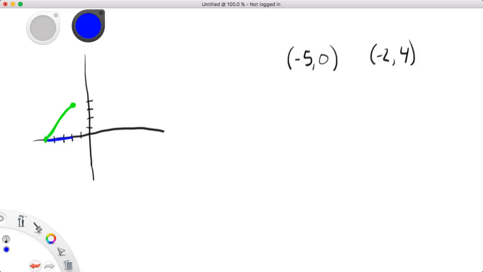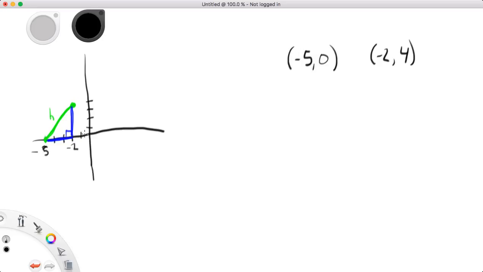However, what we can do is make this into a right triangle. We can count the units going left to right, and then the units going up and down, and say that we have a right triangle here, and our little green line here is the hypotenuse.